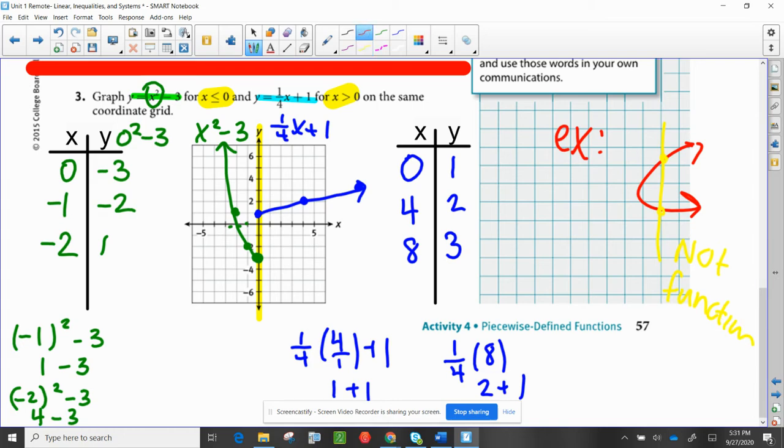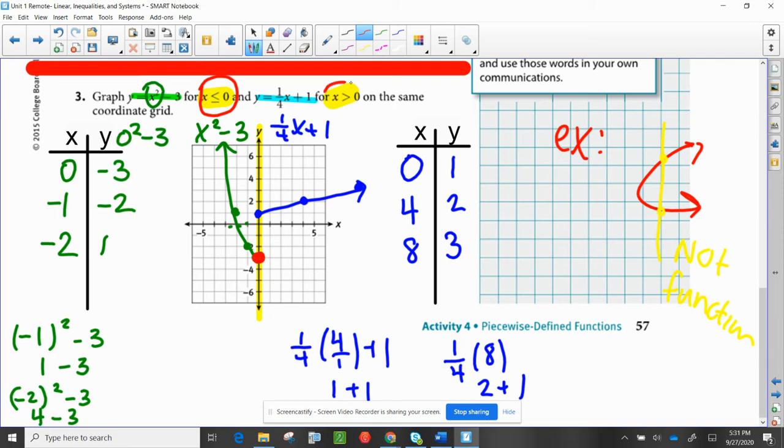So on our graph that I just did, technically right here on the fence makes it not a function because we have a blue dot and a green dot. So here's how we fix that. It's all based on the inequality. So I have x is less than or equal to 0 for the green graph. That means since it's equal to, it gets a solid line or a solid circle.